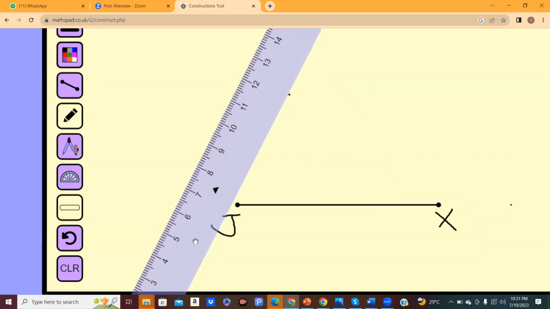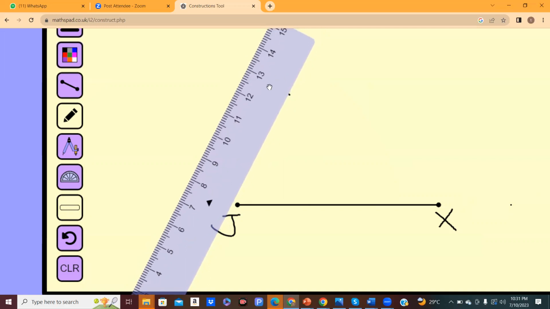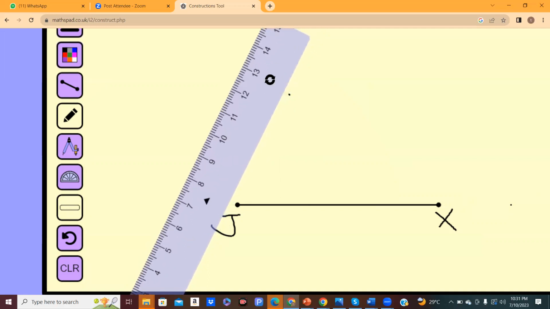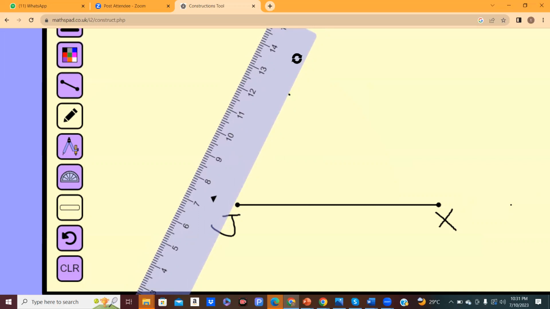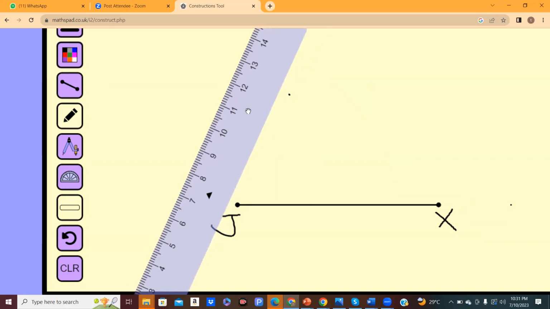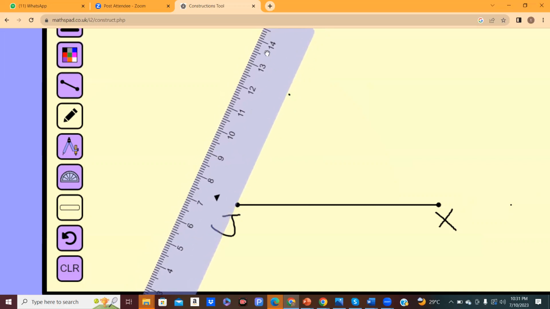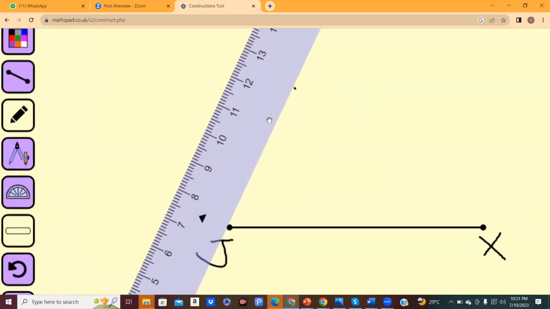Make sure there's no error in what you're doing. So we have to draw it properly. All right, so just about right. So let's draw the angle. And so there we go.